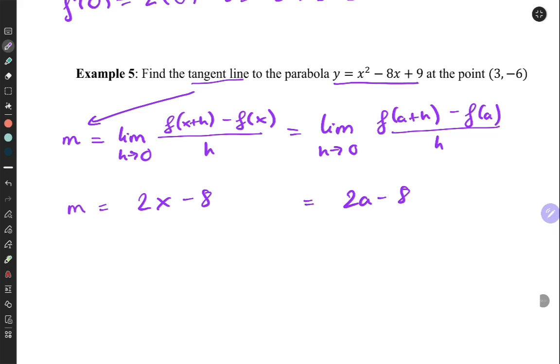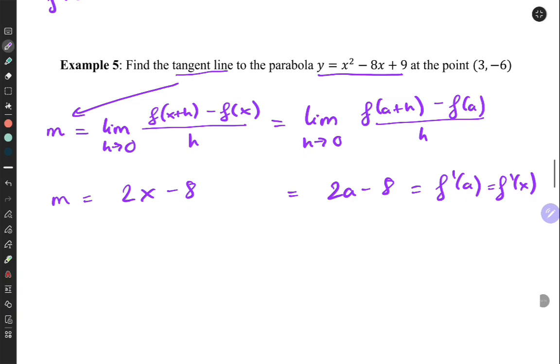Okay, and now you have another notation for this. That is derivative at a, aka derivative at x. See, many things to write out in one line. M, the slope.